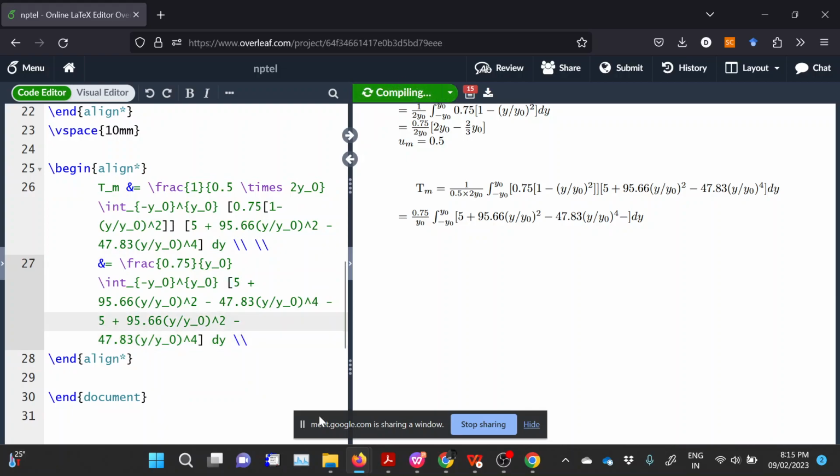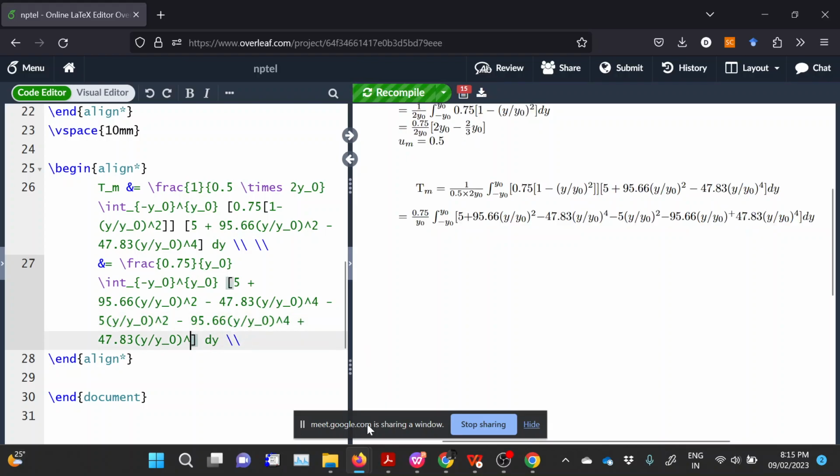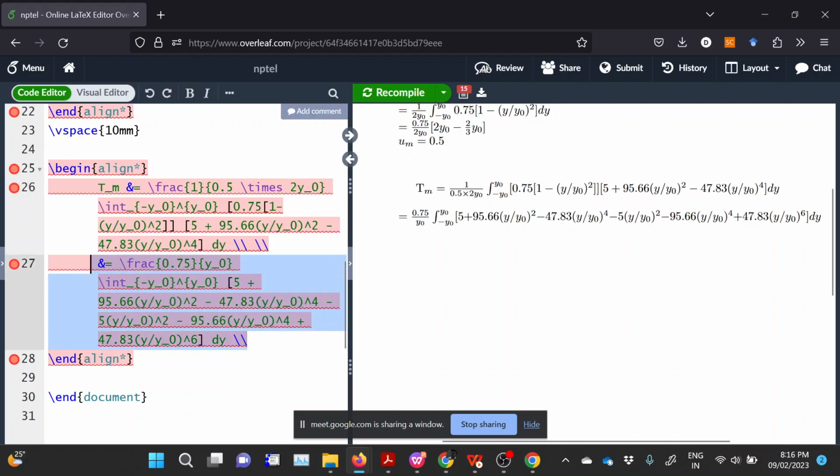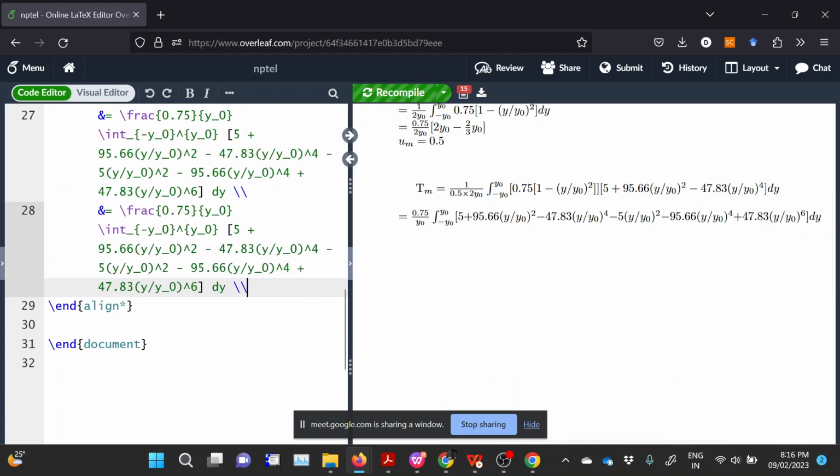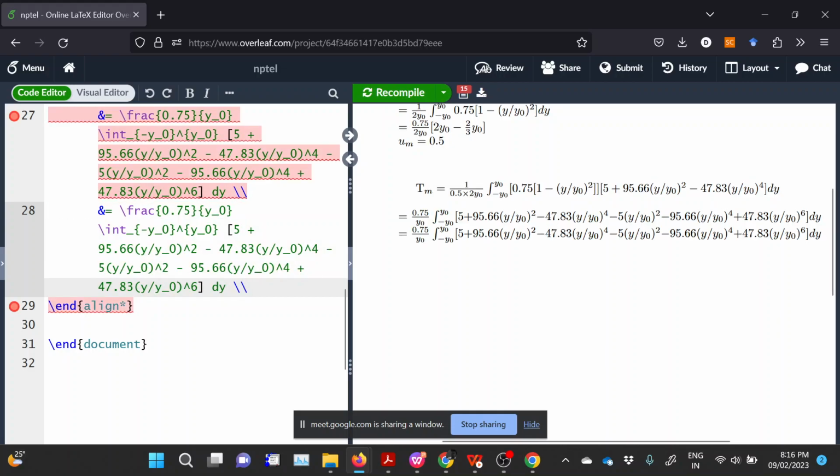So first of all, since it's minus, the signs will change, and we are multiplying with y by y0 squared with each term. So the first one will be squared, the second term will become to the power 4, and the third term will become to the power 6. Now let's integrate this entire thing. I'll again copy this equation.